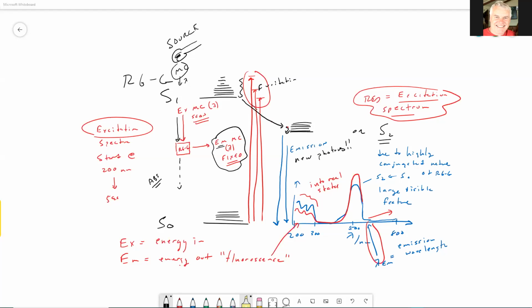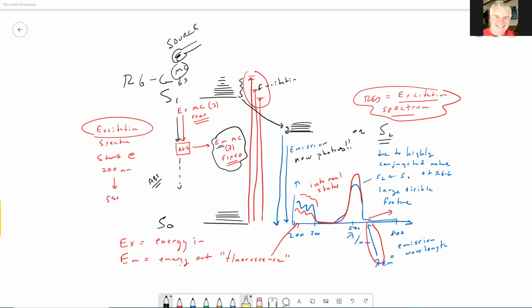If it doesn't go through, then it's not detected, and that's a signal, right? The signal is that the photon was not detected. Does that make sense? Okay, good, excellent.